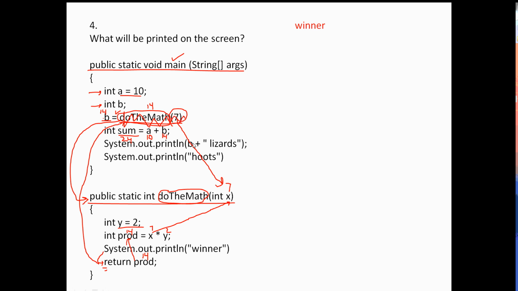It calls B, which we know to be 14, and then it's going to literally print the space and lizards. So 14 lizards. The next line down is a print statement. It just says print hoots. That is now the end of the main method, so we're done with number 4.